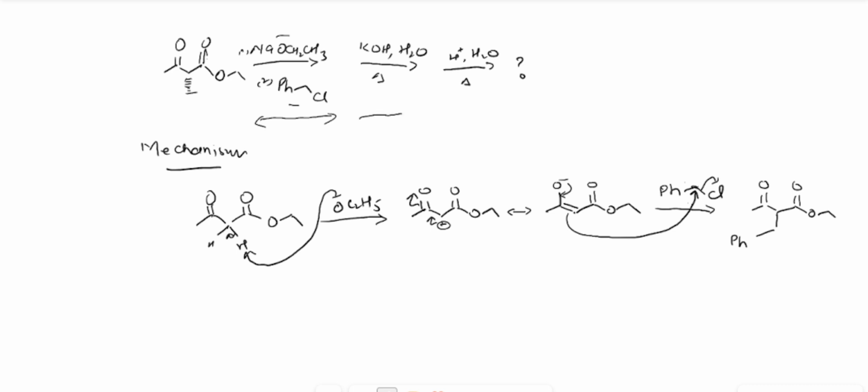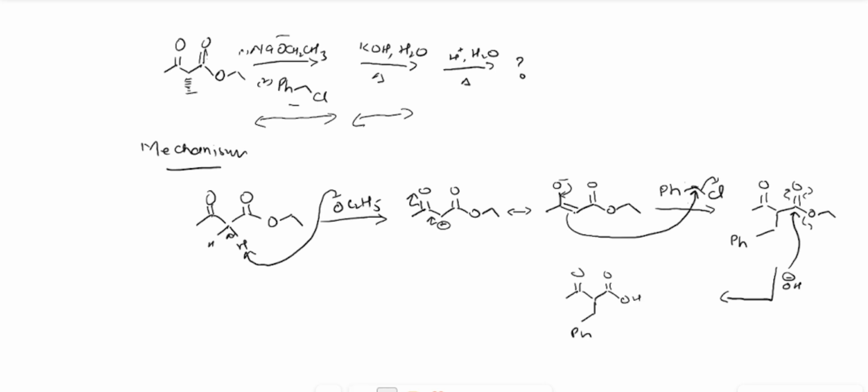Now in the next step, this molecule is treated with a base, potassium hydroxide. So this hydroxide hydrolyzes this ester and converts it into a carboxylic acid.